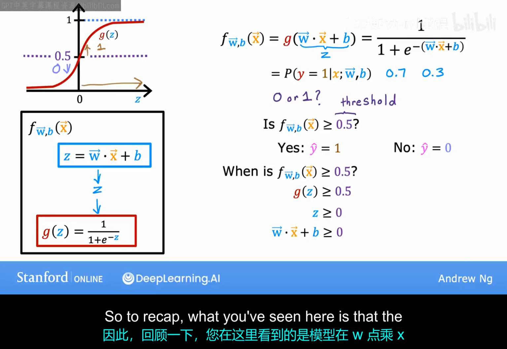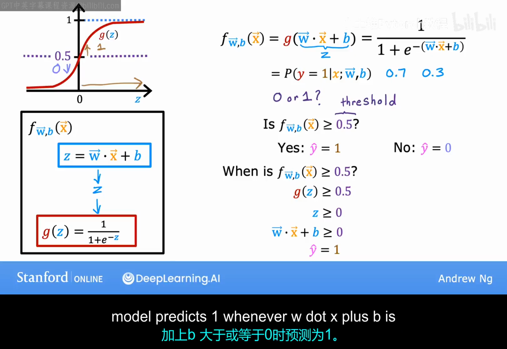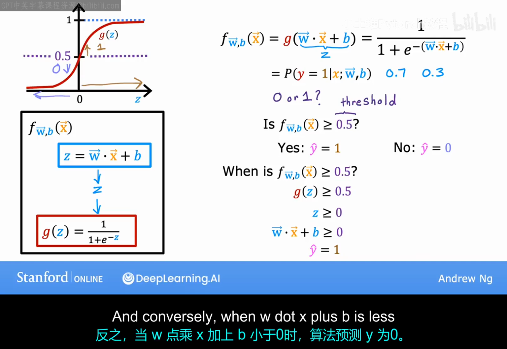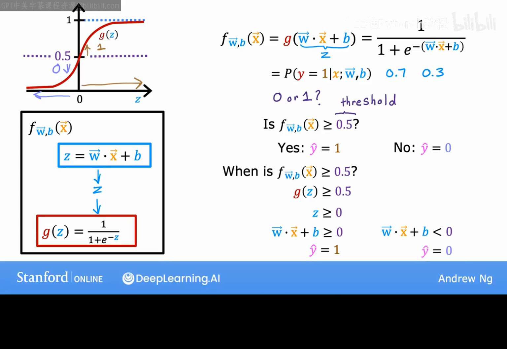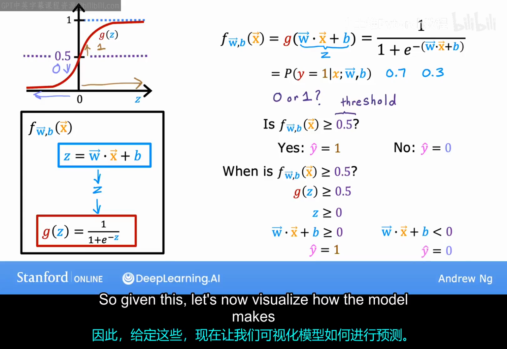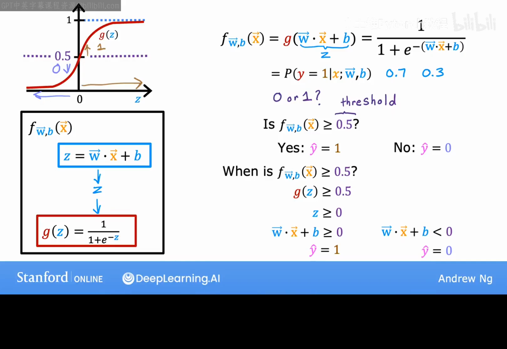So to recap, what you've seen here is that the model predicts 1 whenever w.x plus b is greater than or equal to 0. And conversely, when w.x plus b is less than 0, the algorithm predicts y is 0. So given this, let's now visualize how the model makes predictions.